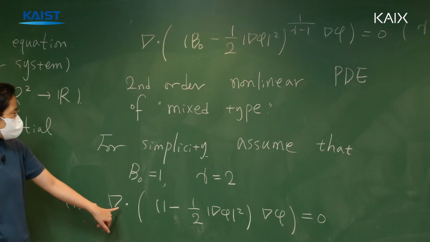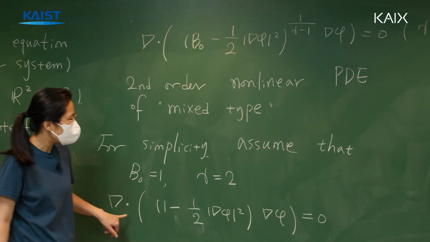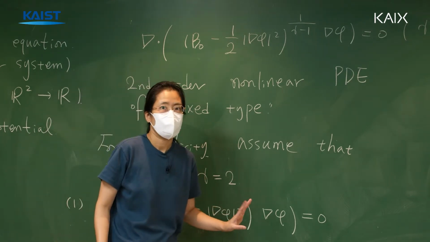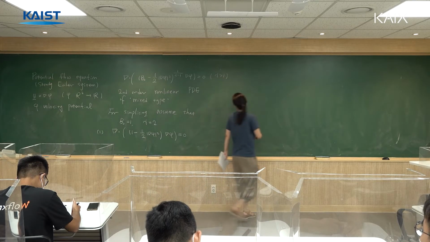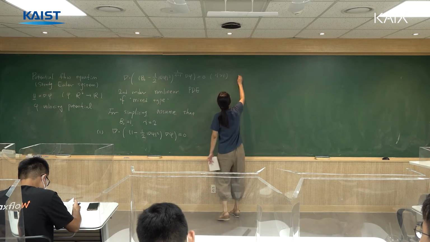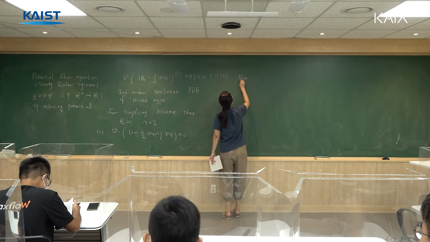Now that you have the divergence outside, you have the product of a scalar function with a vector field. So maybe it's better for us to know some basic rules about the product rule for the divergence. Here's a quick note.